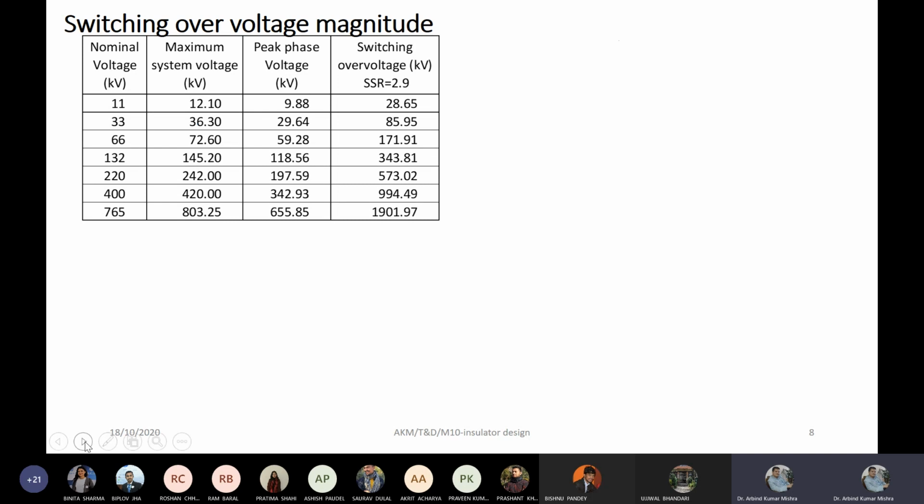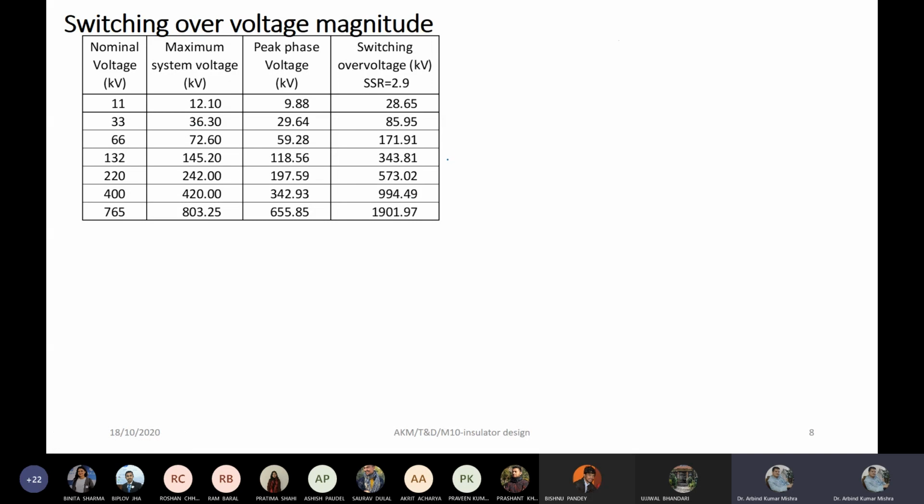I mentioned in a class before that the same insulator has different voltage withstand capacity depending on the time of occurrence of that overvoltage. I told you that temporary overvoltage is sustained for a longer time, so the insulator can sustain only a small value of it, whereas lightning voltage occurs for the smallest time.